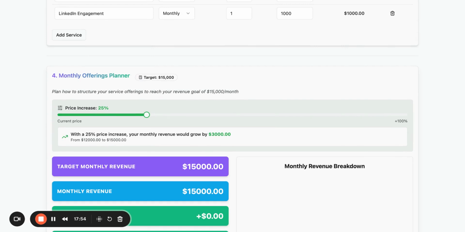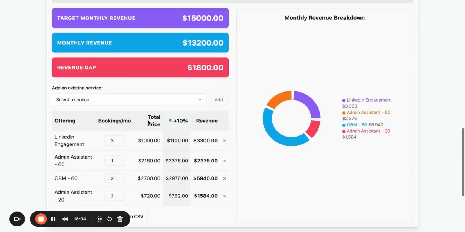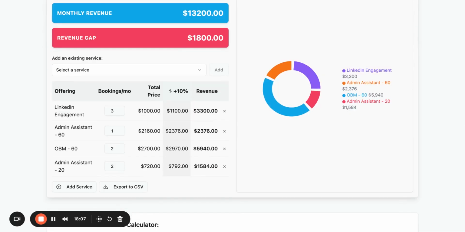That feels really doable. Let's say we don't feel comfortable with 25% and we're just going to stick to 10 and we're going to do that right away. Okay, $1,800. So from here, our best bet is to just get on one more admin assistant.